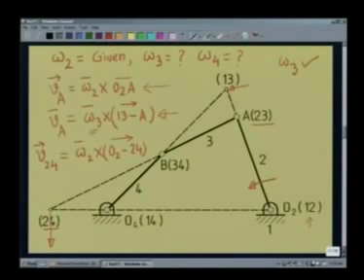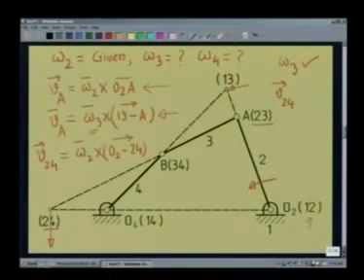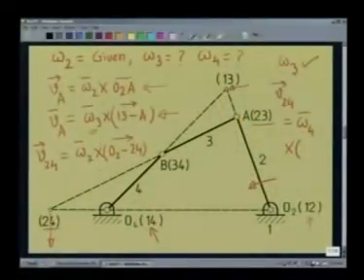So the same equation I can write: V24, considering it to be a point on link 4, is omega 4 cross the vector O4 to the point 2, 4, since link 4 is rotating about 1, 4, that is O4. Now V24 is already known, only unknown is omega 4, so I can determine omega 4.